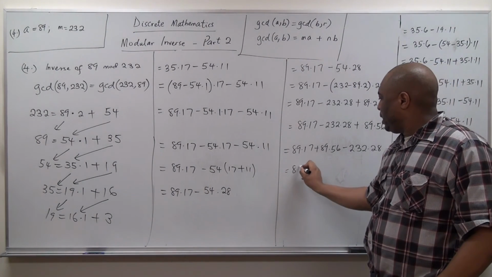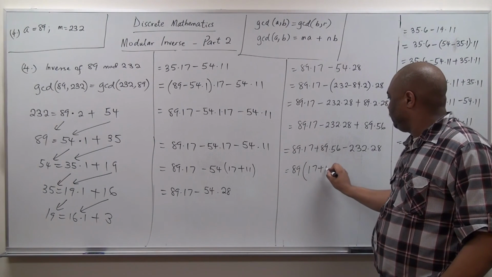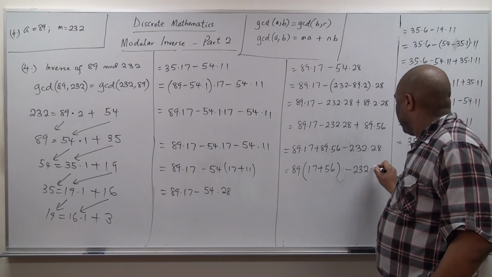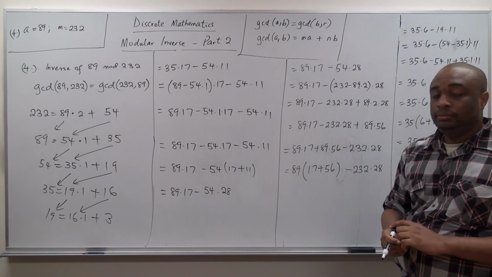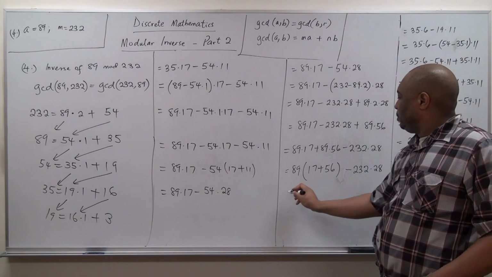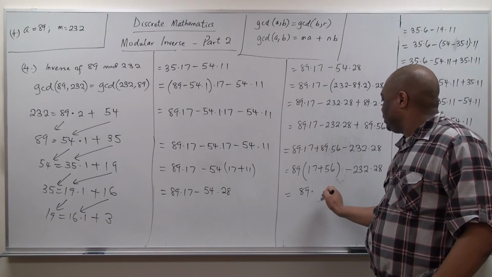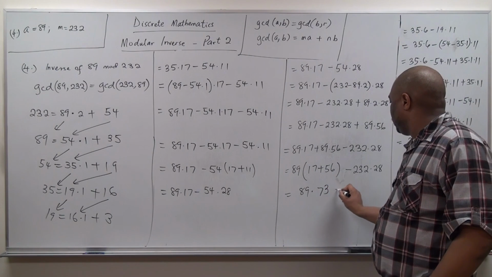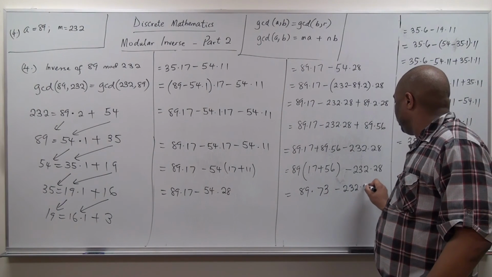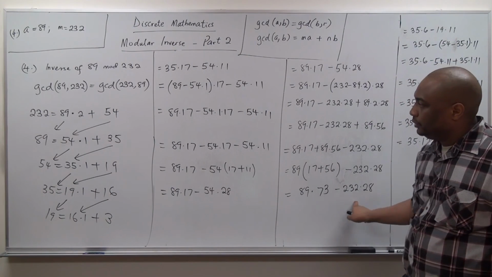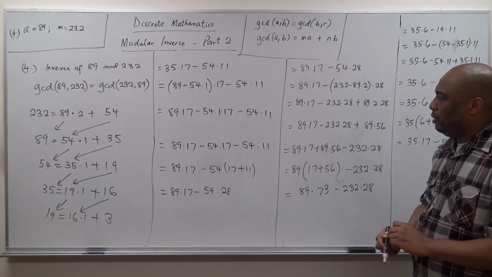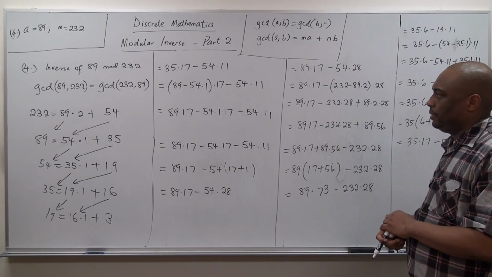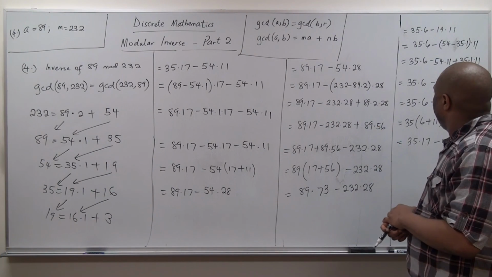So this is now 89, 17 plus 56 minus 232 times 28. Okay? And this will now be what? 89 times 7 plus 6 is 13, 1 plus 1, 2 plus 5, 7, minus 232 times 28. Okay, I would like to erase this so you can see it clearly to finish this up. I might finish it up there.